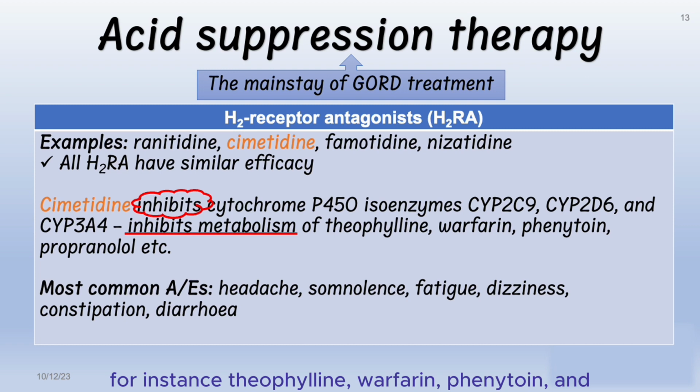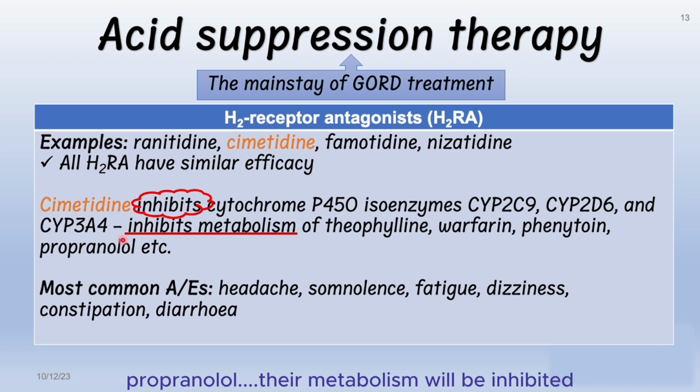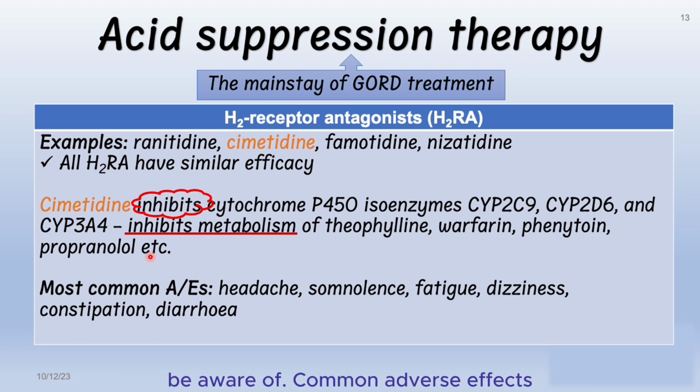So drugs like, for instance, theophylline, warfarin, phenytoin, and propranolol, their metabolism will be inhibited when used in conjunction with cimetidine. So these are drug-drug interactions that you should be aware of.